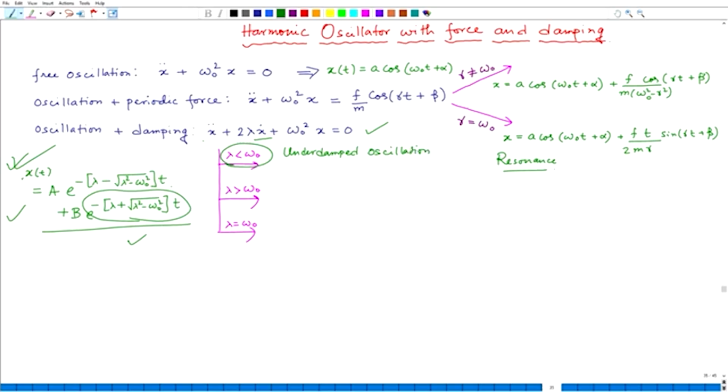Then this one was the case for overdamped oscillation, where lambda should be greater than omega 0, that means the damping coefficient is greater than the natural frequency. But when these two are equal, then we have a critically damped situation.